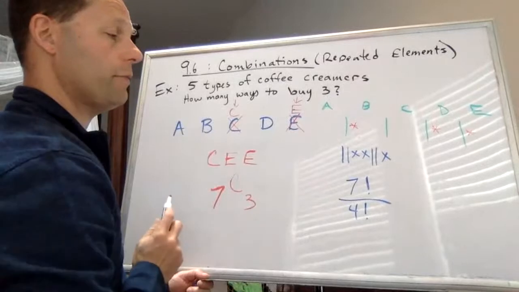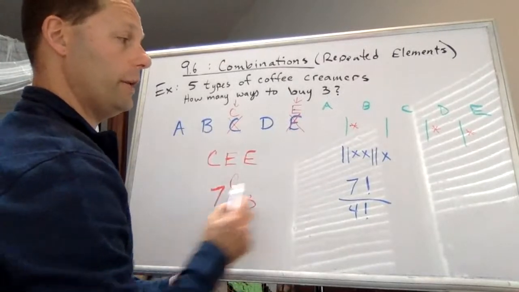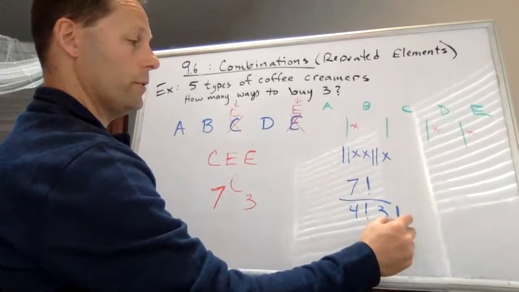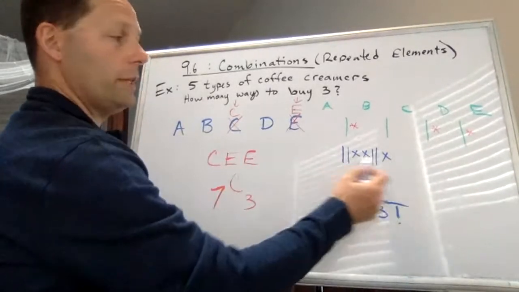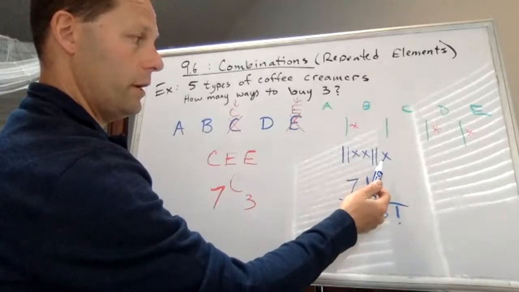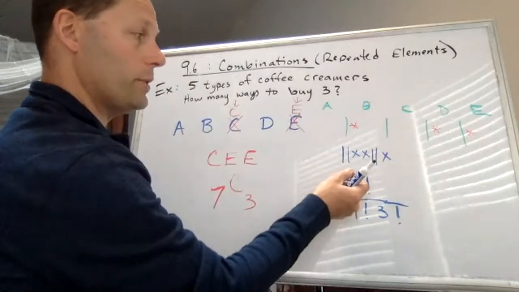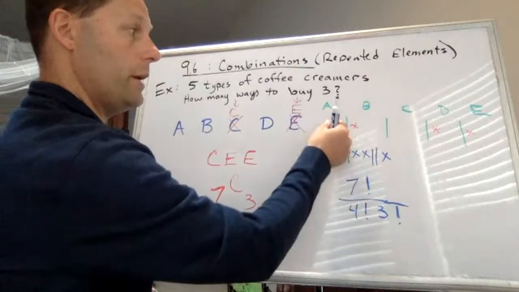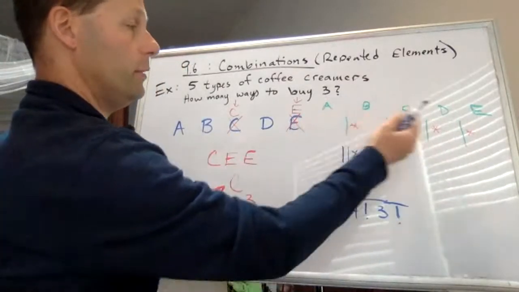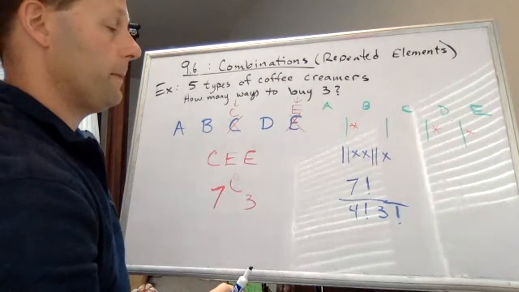So I divide off by 4 factorial. And then there's actually 3 stars. So I divide by 3 factorial. It's just like the Mississippi question because I've got an arrangement of characters, but that arrangement is a particular code that means a purchase of 3 coffee creamers out of the total that I have.